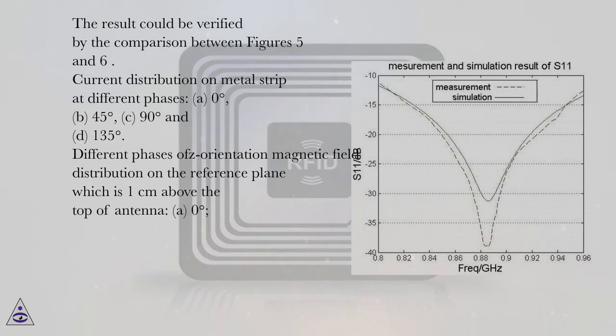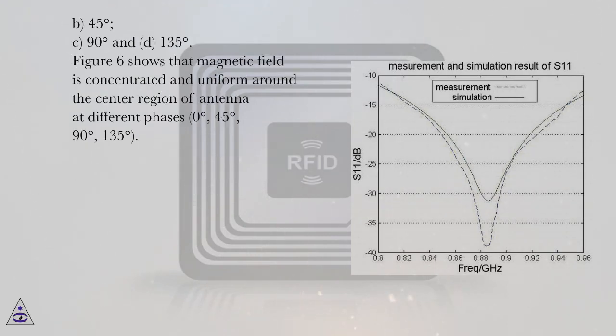Current distribution on metal strip at different phases: A 0 degrees, B 45 degrees, C 90 degrees and D 135 degrees. Different phases of orientation magnetic field distribution on the reference plane, which is 1 cm above the top of the antenna: A 0 degrees, B 45 degrees, C 90 degrees and D 135 degrees.